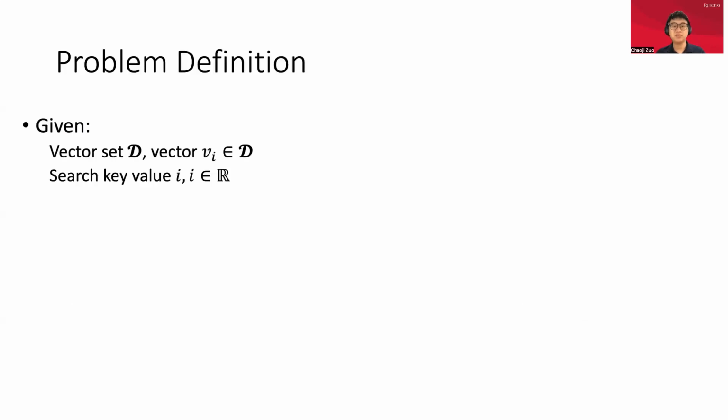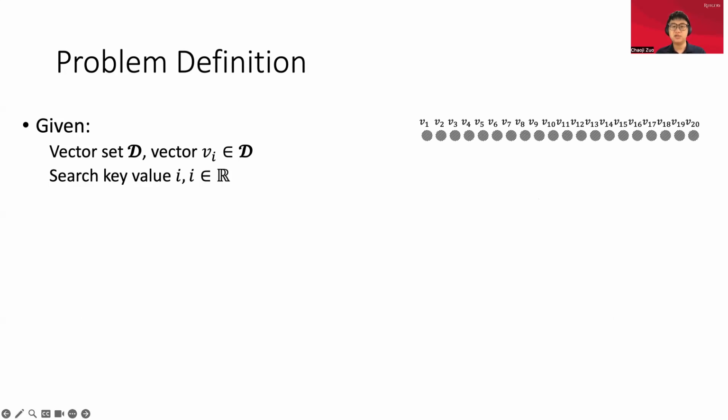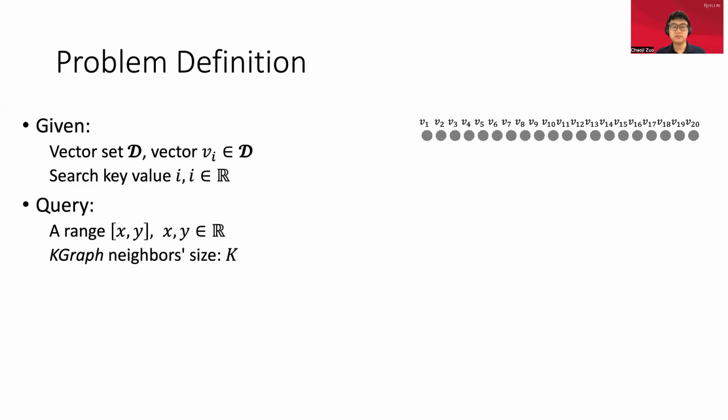Here is the formalized problem definition. We will be given a vector set D, and each vector in the vector set will have a search key value, which is a numerical value. For example, here we have 20 vertices, and each vertex has a digit representing its search key value. And the query will be a range xy, which is in the same domain of the search key value. And we will also give the K for the K-graph's neighbor size.